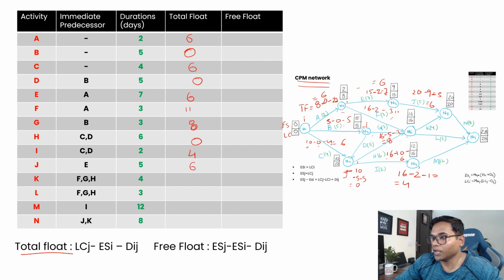Now let's go to K. Again we have 20, the early start is 16, minus duration 4, so that becomes 0. K is 0. And then for L, it is 28 minus 16 minus 3, so basically this is 9.